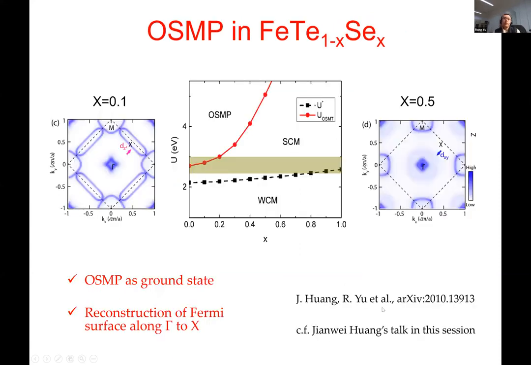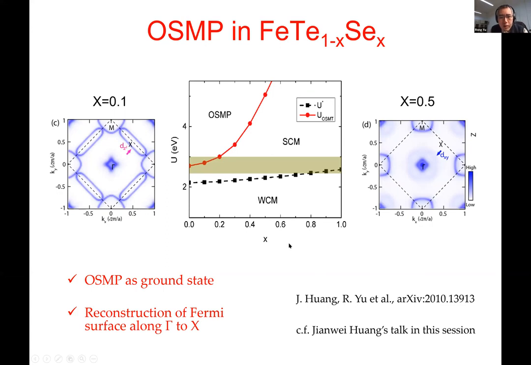Okay, so more recently, we looked for an orbital selective Mott phase which can be stabilized as a ground state in the iron chalcogenide system. So we collaborated with Professor Ming Yi's group on this compound, the iron selenide system doped with tellurium.